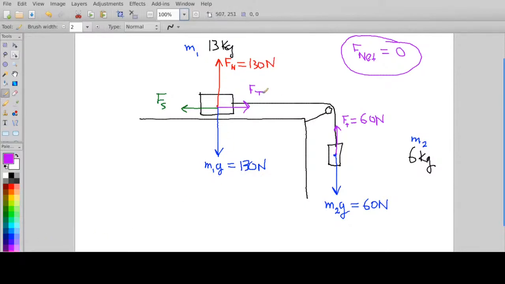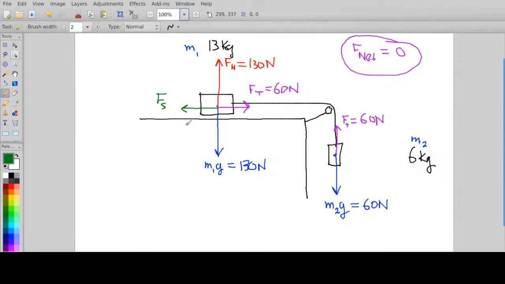The tension is the same throughout the string. That's basically Newton's third law. So if we know that the tension is 60 newtons over here, then it's going to be 60 newtons at the 13 kilogram box too. And so that's the tension.